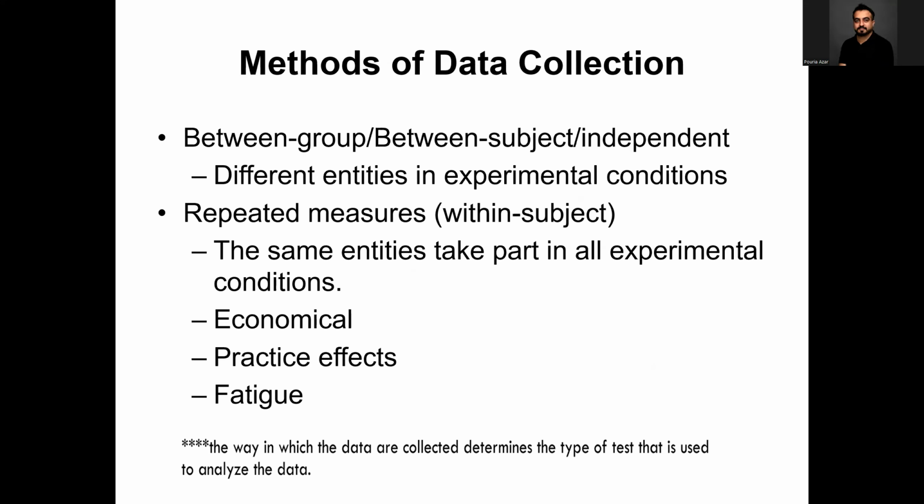In repeated measures, we have within subject measures. The same entities take part in all experimental conditions. For example, in longitudinal studies, let's say a 24 months nutrition program, we are measuring self-efficacy of 30 people enrolled in our program for 24 months.